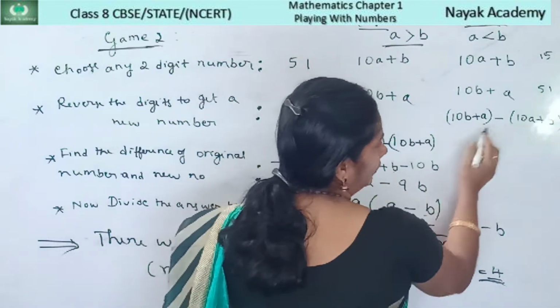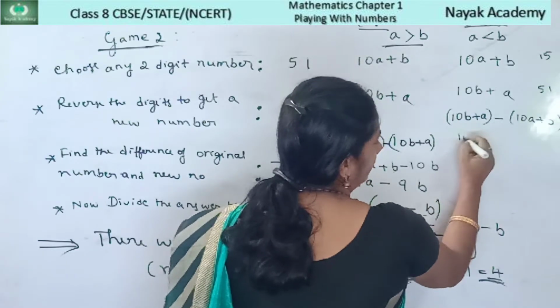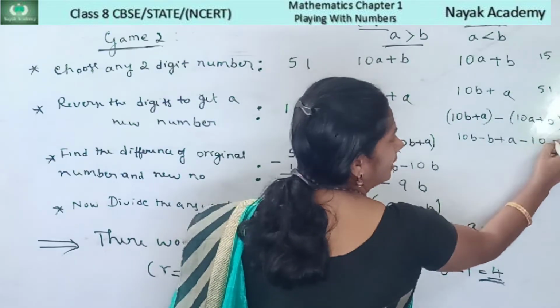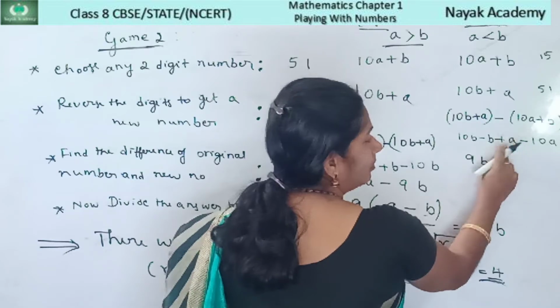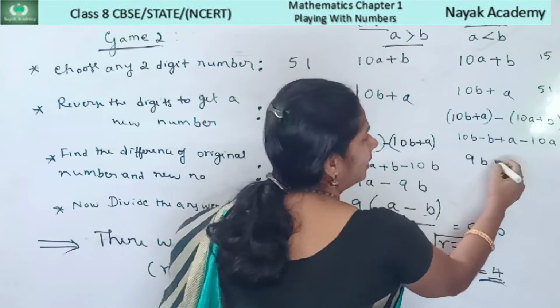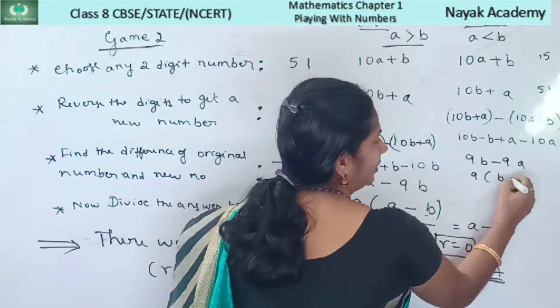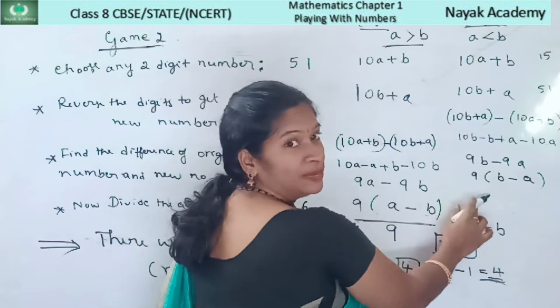So find the difference of like terms. 10b minus b, plus a minus 10a. 10b minus b is 9b. Plus a minus 10a is minus 9a. If you take 9 common, then it becomes 9 into b minus a. It is a multiple of 9.